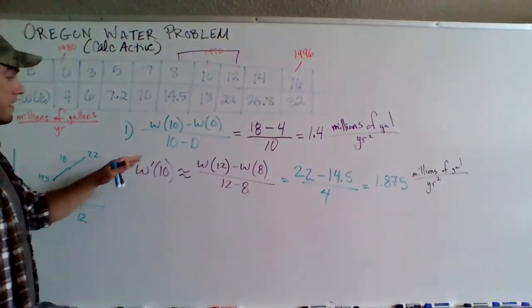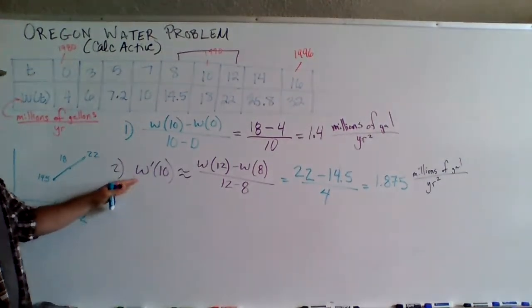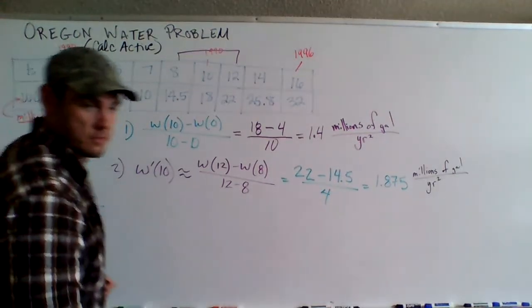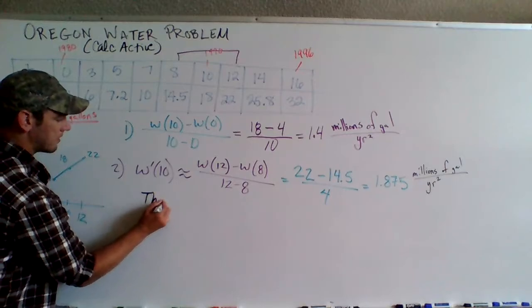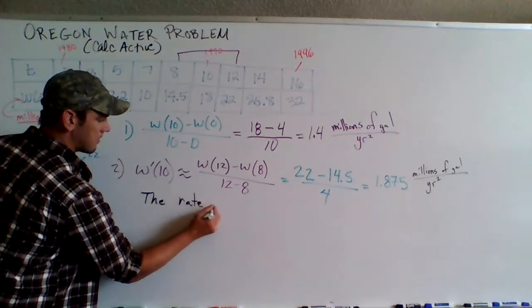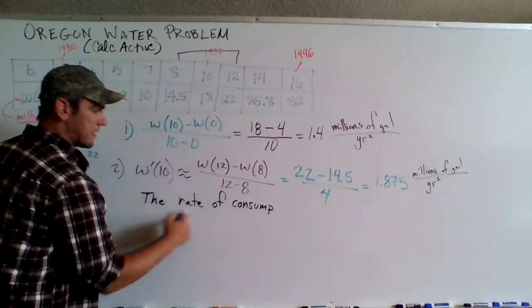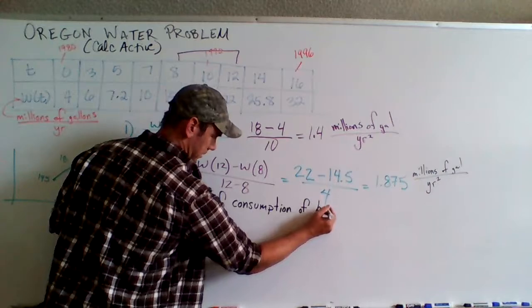We're really talking about the derivative of W. W is the rate of consumption of bottled water in millions of gallons per year. So the rate of consumption of bottled water.